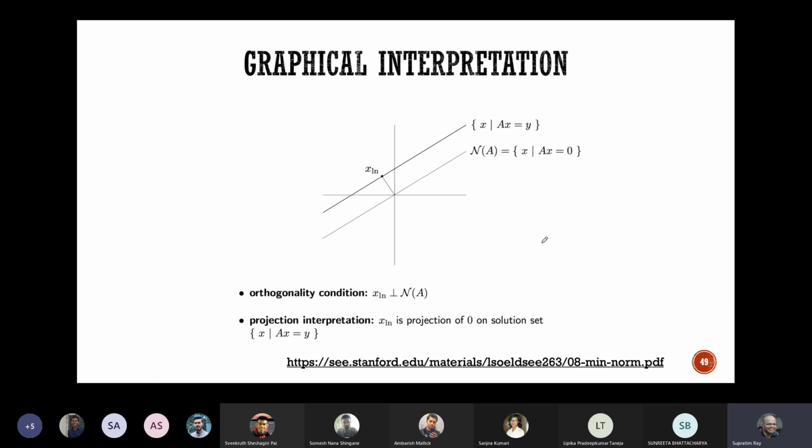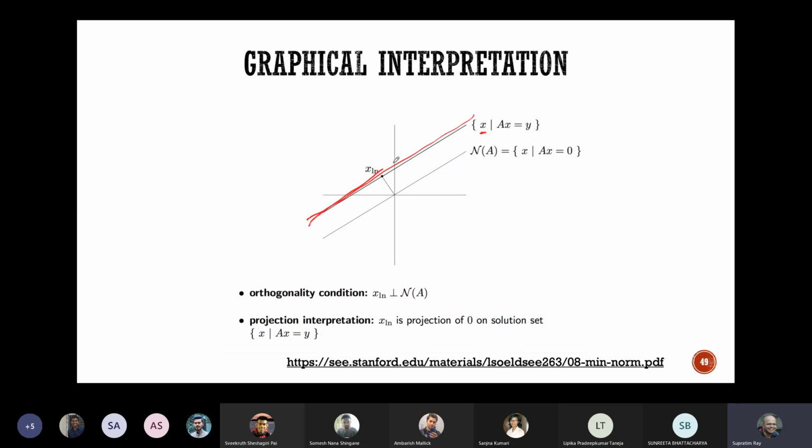So here's a graphical interpretation, which I think is very nice. So think of this as a high dimensional space in which the solutions x such that Ax equal to y lie in this sort of space.